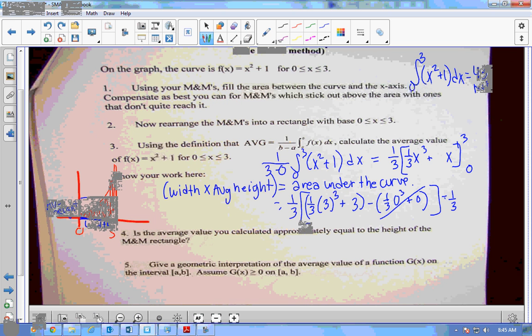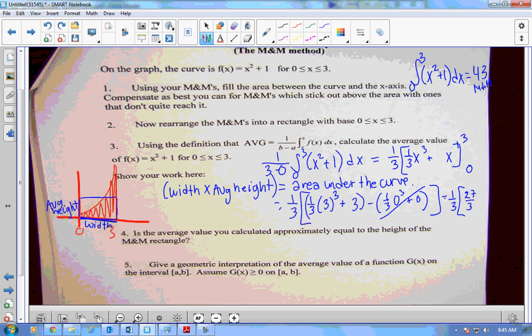You can eat them. We get 1/3 times, let's see, 3 cubed, isn't that 27? Plus, how could I write this 3 to have a common denominator? What divided by 3 is 3?